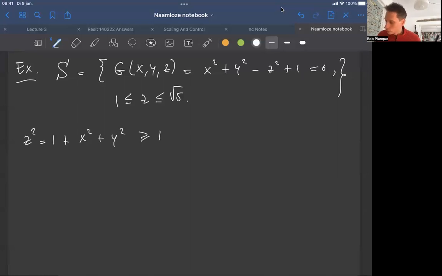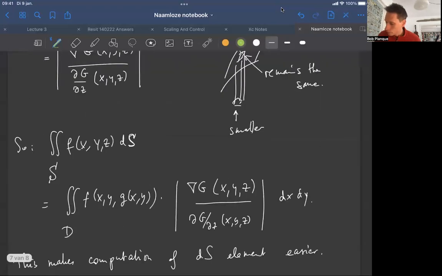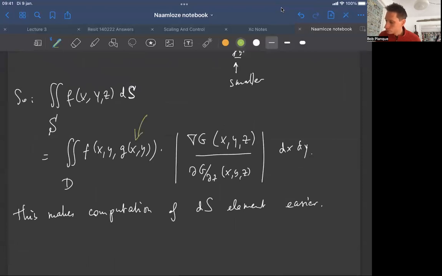And so this, for one, tells me that z equals the square root of 1 plus x squared plus y squared. And this is the g of x and y that appeared on the previous slide. So that's this one over here.